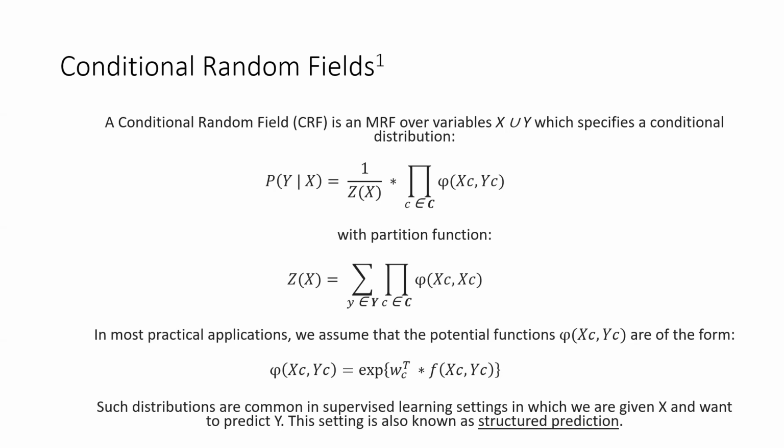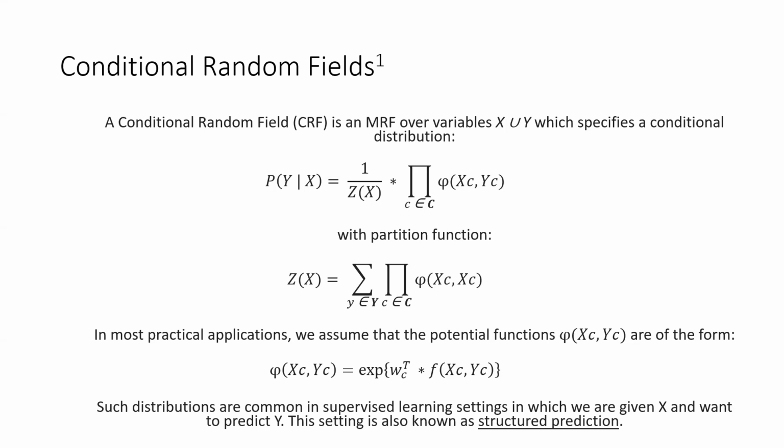Now, in most practical applications, we assume that the potential functions are of a particular form. What this form shows is basically log linear models, and that's where Themi's question comes from. The potential functions for conditional random fields are log linear. The probability distribution is log linear.